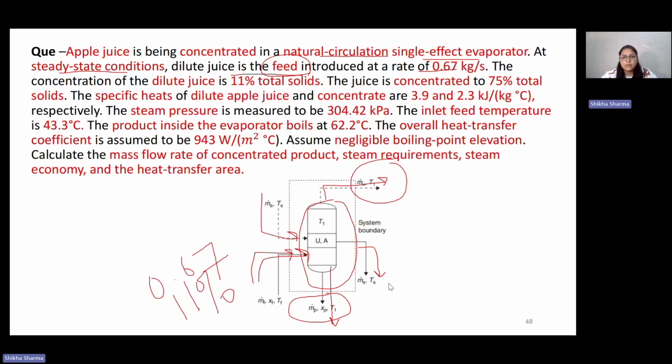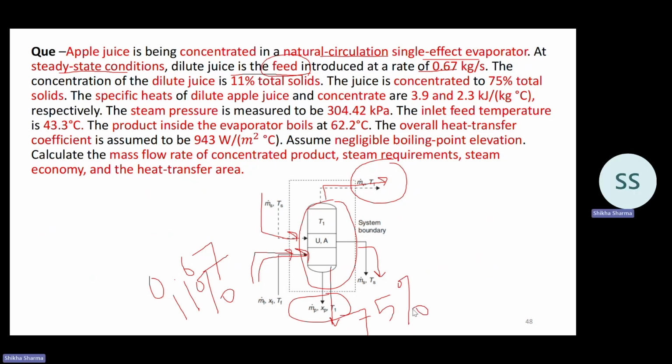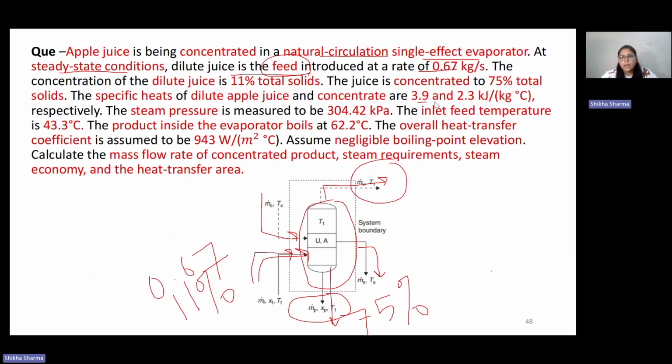The juice is concentrated to 75% total solids. The specific heat of the dilute apple juice and the concentrated apple juice is given as 3.9 and 2.3 kilojoule per kg degree Celsius respectively.